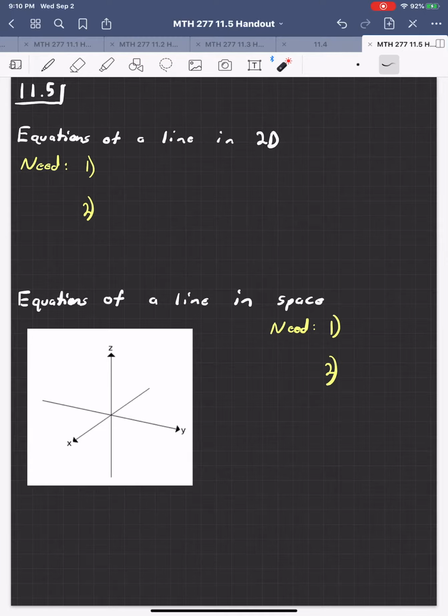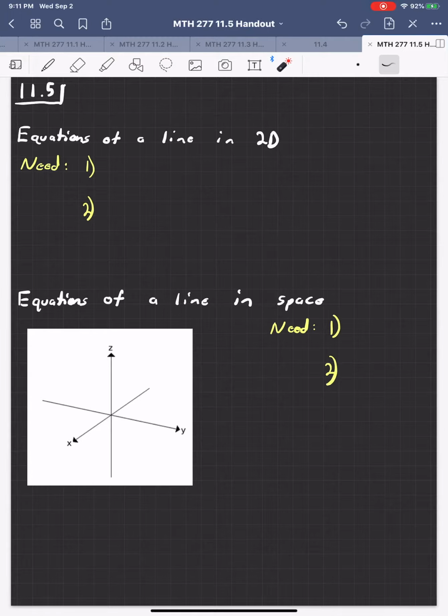I understand that there hasn't been a lot of calculus in Calc 3 yet, but these ideas of vector calculus, multivariable calculus, the calculus of space, we need a really solid foundation of how to think about equations in space in order to start taking, say, derivatives of these functions.